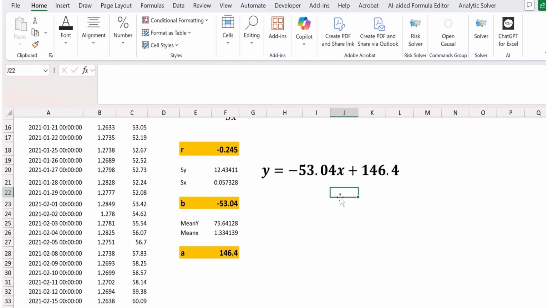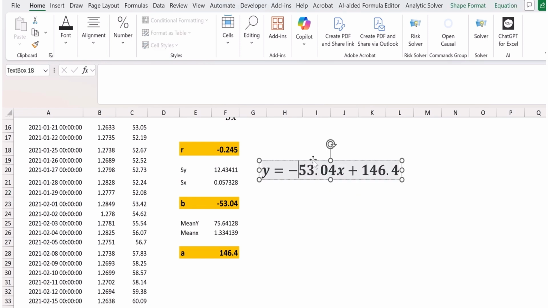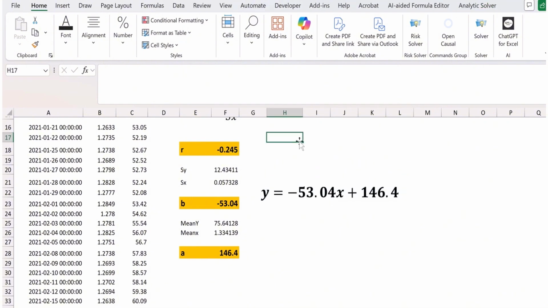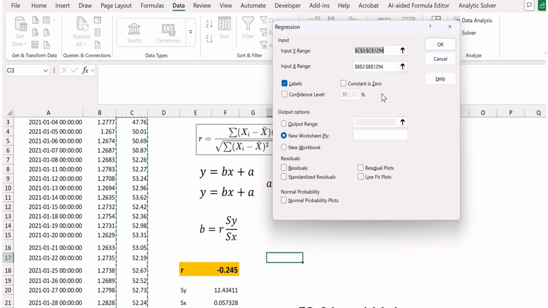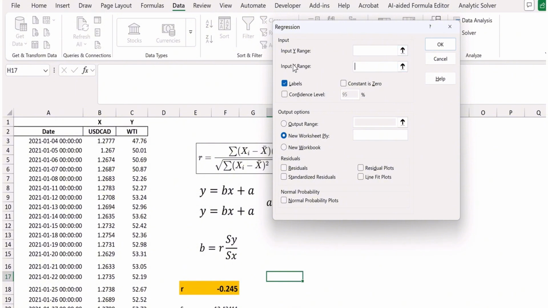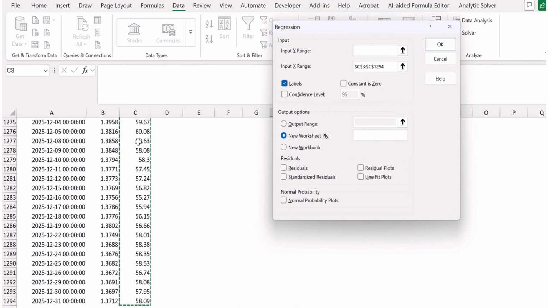Okay. Now, we can see if these values that were calculated manually are correct by using the regression tool in the data function of Excel. So Data Analysis, we have Regression, okay, and we will select this.